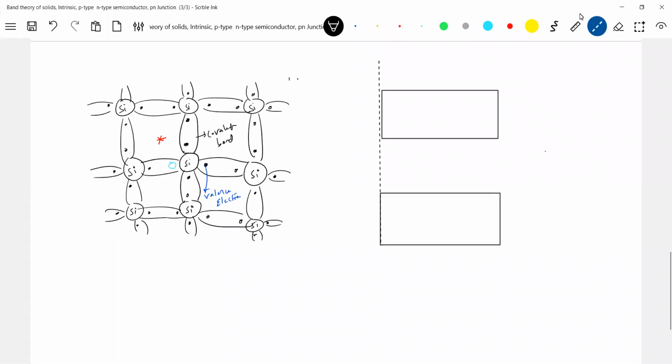So there's a conduction band here, and some free electrons will be there practically at room temperature. I should not show many; we'll show a few, and there will be holes.